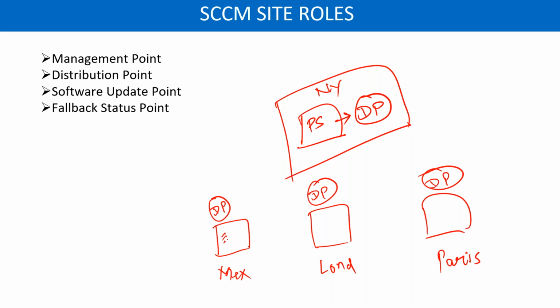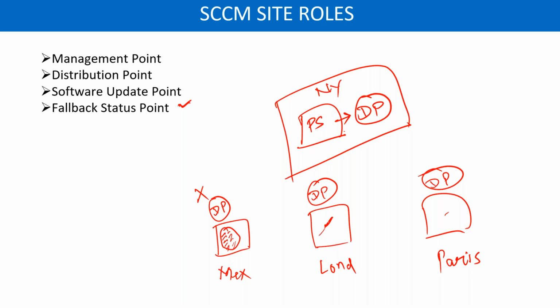Now, if the DP goes down in Mexico, the devices in Mexico will not be able to get the content. So if you define the fallback status point, the devices can communicate to either this or this or this. So you have to install a fallback status point.